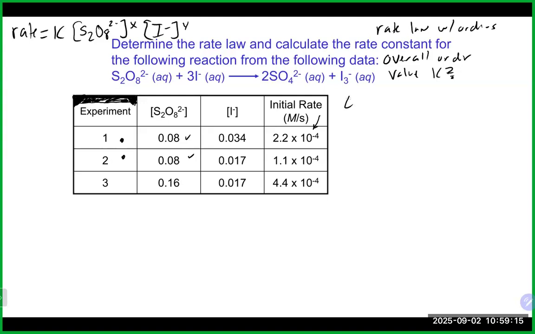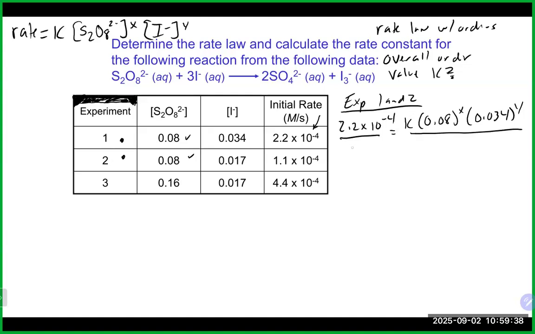So using experiments 1 and 2 here, that gives me 2.2 times 10 to the minus 4 equals k, 0.08 to the x, and 0.034 to the y, with everything from experiment 1 up on top.